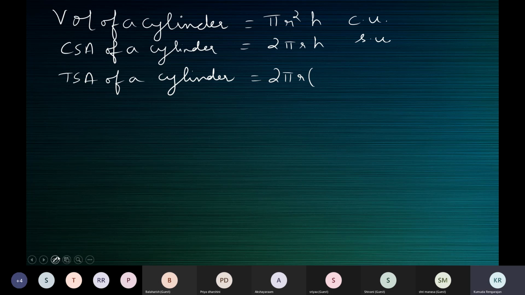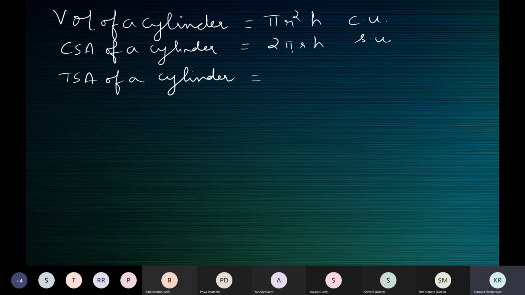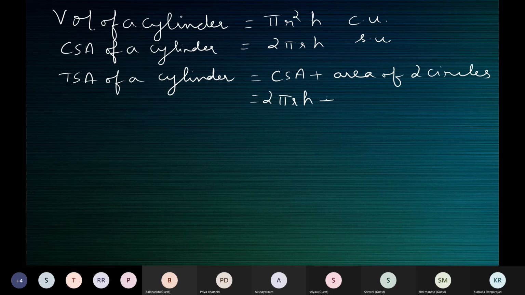So TSA is CSA plus the area of the two circles, one on the top and one below. So CSA is 2 pi r h plus the two circles, pi r square plus pi r square.